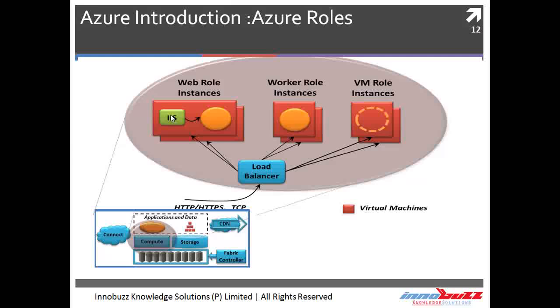Now go further with the worker roles. Worker roles are designed to run a variety of Windows-based code. The biggest difference between a web role and a worker role is that a worker role does not have IIS configured inside it, and so the code it runs is not hosted by IIS.